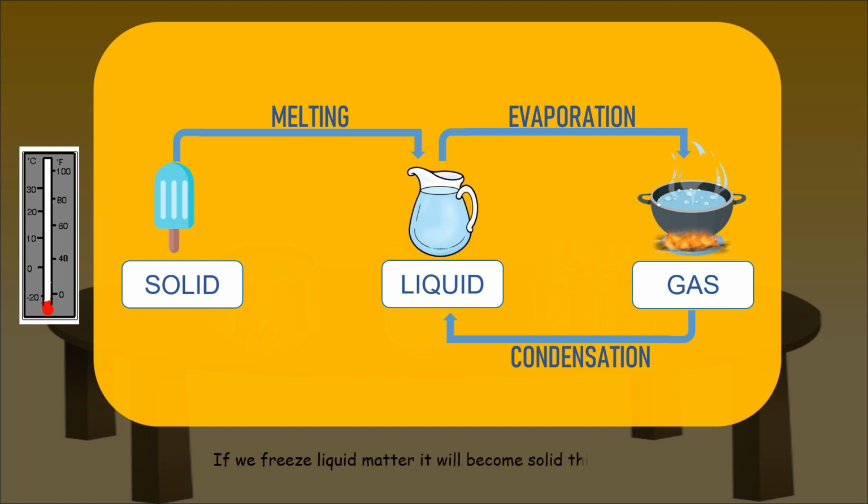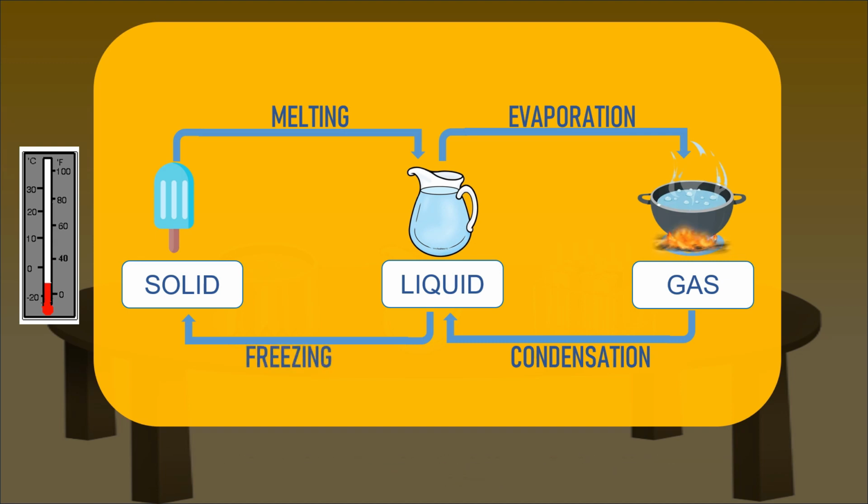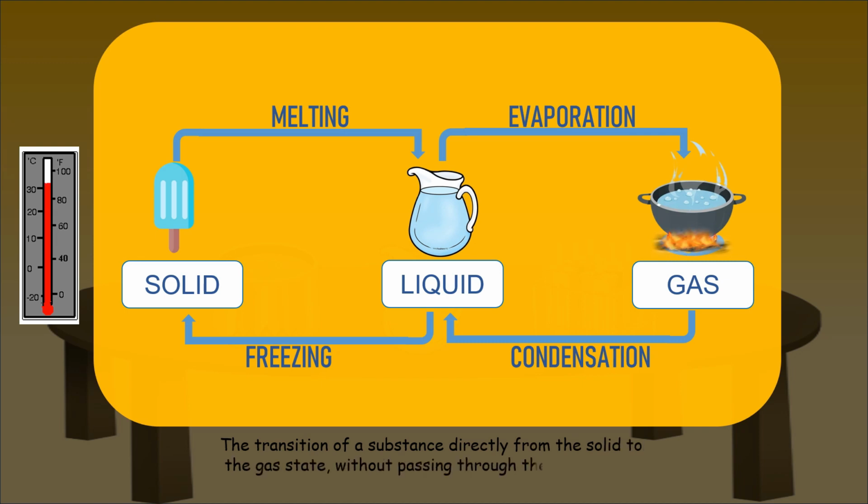If we freeze liquid matter, it will become solid. This process is called freezing. From liquid to solid, we call it freezing. The transition of a substance directly from the solid to the gas state without passing through the liquid state is called sublimation.